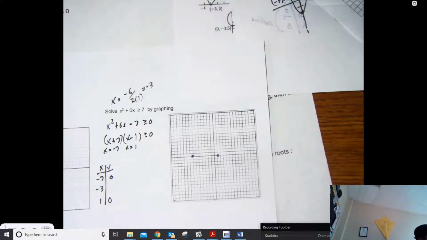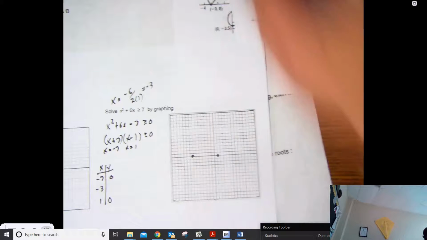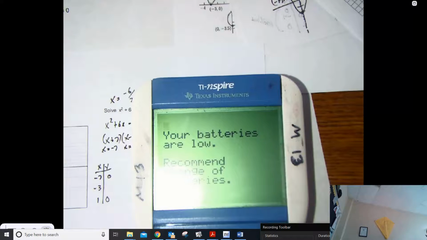All right, so we have our x value. How do we get our y value? There are no fractions on this thing. Do you see fractions? It's like plug it in. There are no fractions. I don't know why you're saying that.